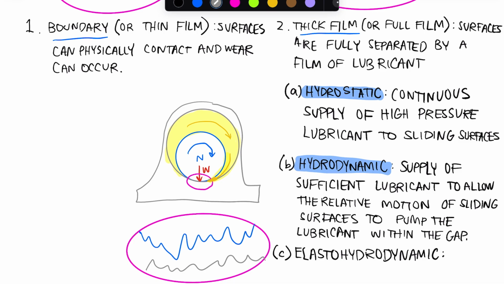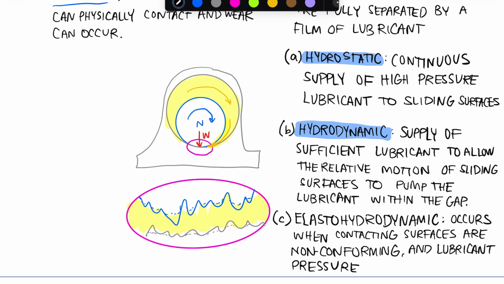The pressure of the lubricant in elastohydrodynamic lubrication will actually cause some deformation of these surfaces, so it can widen the gap between the surfaces. You'll hear people talk about elastohydrodynamic lubrication more often when they're talking about rolling element bearings.